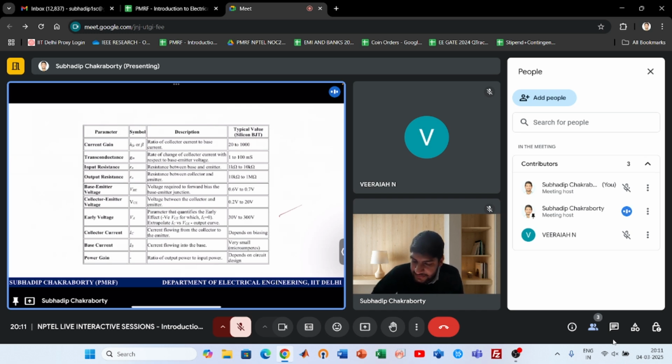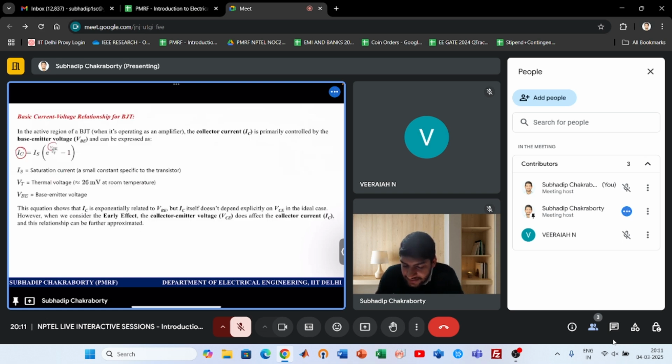And there is a basic relationship: how the collector current depends on the base emitter voltage when I don't have any collector emitter voltage. You know it will increase with the base emitter voltage. Very intuitive.